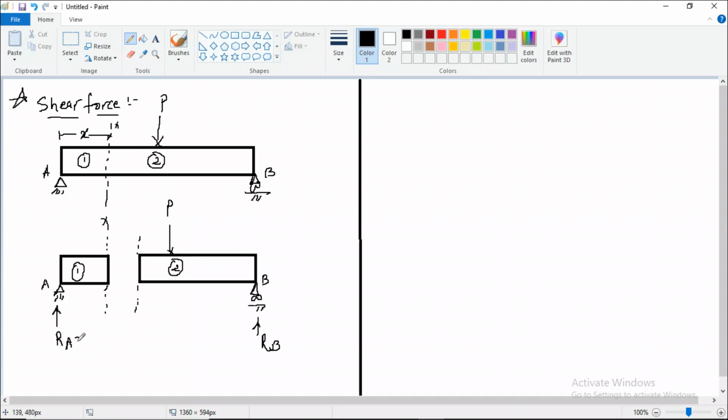So RA is P by 2, RB also we get as P by 2, and this distance is x.